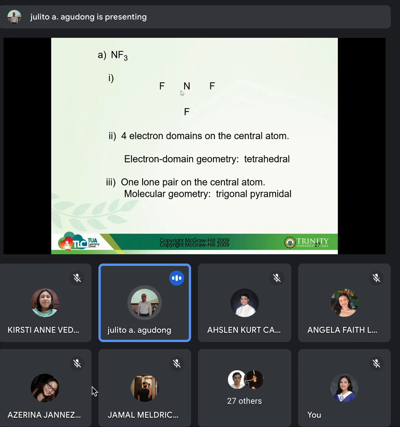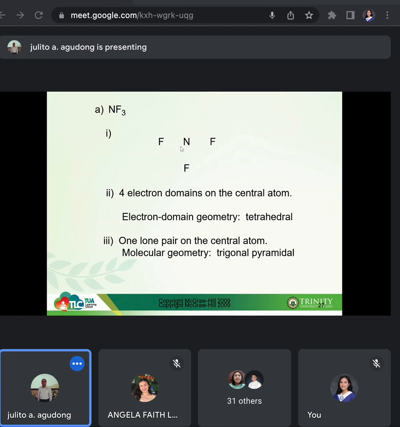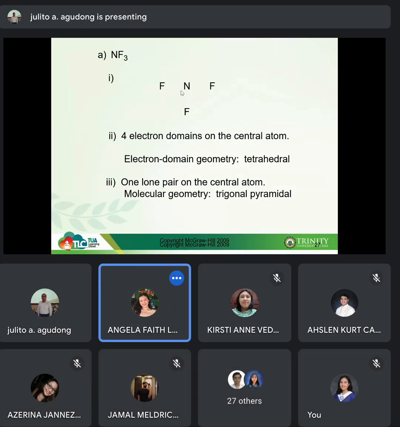You subtract from 13 the number of bonds that you have created. So that is 13 minus 3. How many are left? 10, right? 10 pairs.